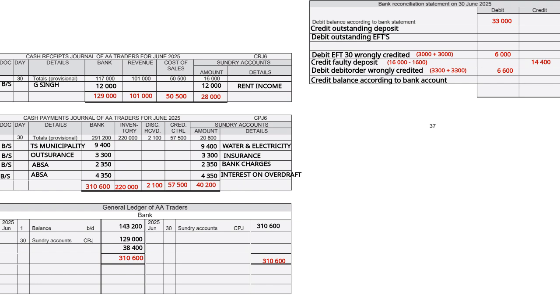That is our balance carried down. So on the 1st of July, next month, we now have a credit balance according to bank statement, as we are now in overdraft of 38,400.